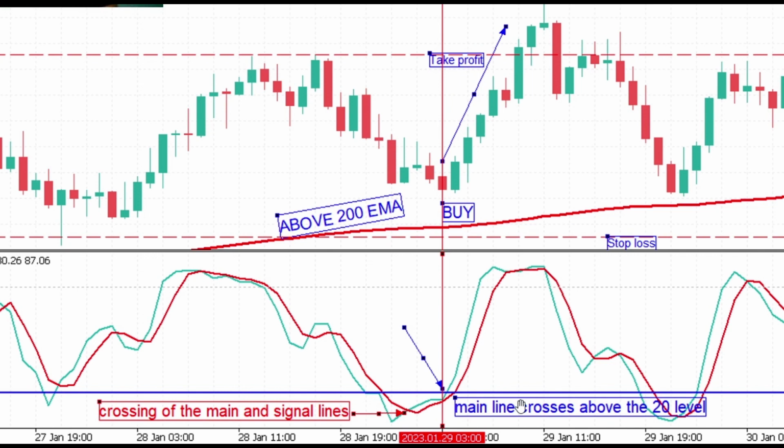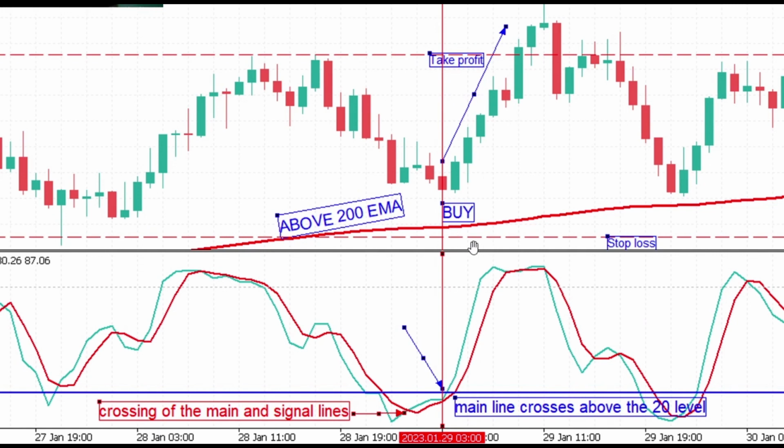Then we wait for the main line, or we can wait for the signal line, which is the red line, to cross. When it crosses the 20 level, then we buy. But the more accurate and more reliable signal is generated when the signal line is finally crossed above the 20 level. Then we buy.